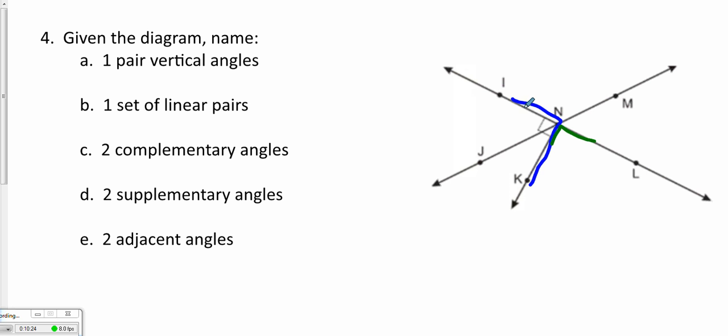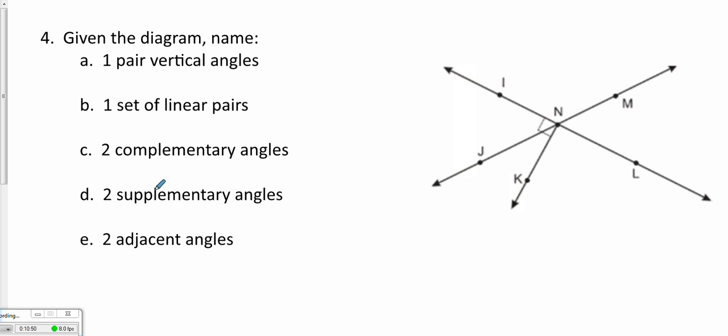We do have over here, this is a part of the 90, it's not the whole thing. This is a part of the 90, but it's not the whole thing. So these would be our complementary angles, angles I and J and J and K. Remember, again, you can rename each of those however you want, but it's those angles, I and J, J and K. Those are your two complementary angles.